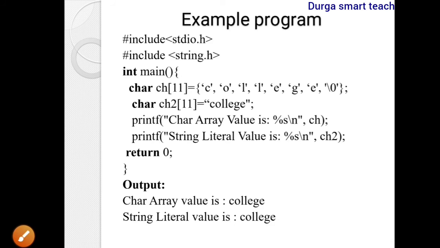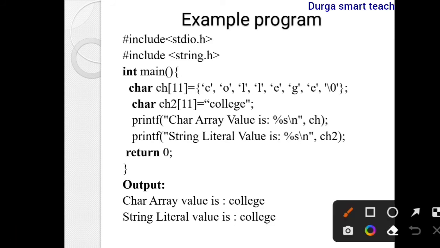So here is the example program. In this program you can easily identify the difference between character and string. These are two header files: #include stdio.h and #include string.h. string.h is a header file which contains predefined statements about strings.